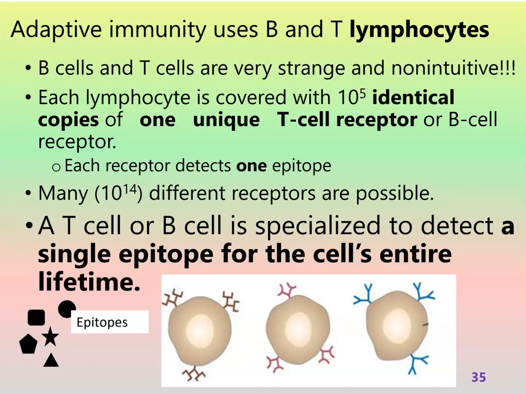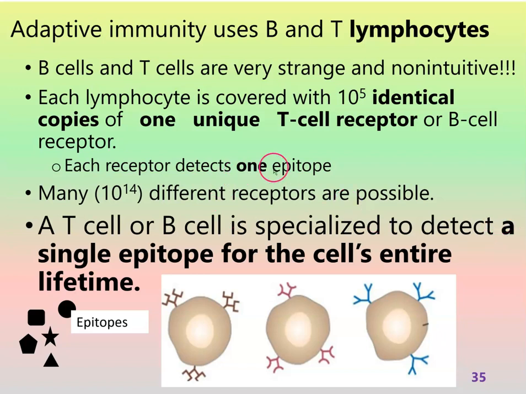What this means, realistically, is that any protein that will ever enter your body, there is probably a T cell and a B cell that can detect it. And that's amazing. So even if it's a protein no one has ever imagined before, it's never been made on Earth before, if it's made, chances are there's already a lymphocyte that can detect it. And if so, that's the only thing that lymphocyte can detect.